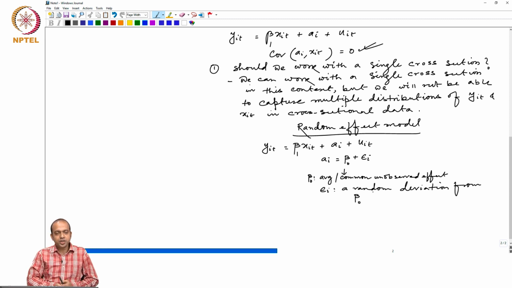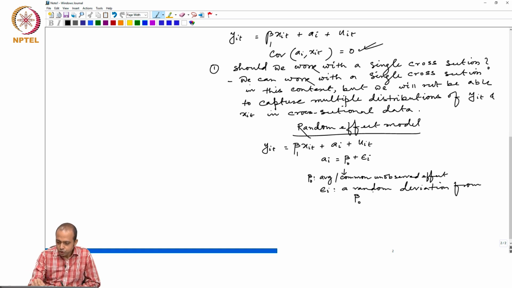If we think of AI as ability, which is the unobserved factor, beta 0 indicates the average ability in that sample, and epsilon I is a random deviation from that common ability factor. So, epsilon I is the ith individual's random deviation from the sample average ability factor. It can be positive or negative.